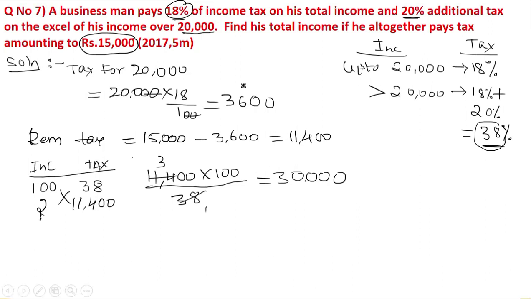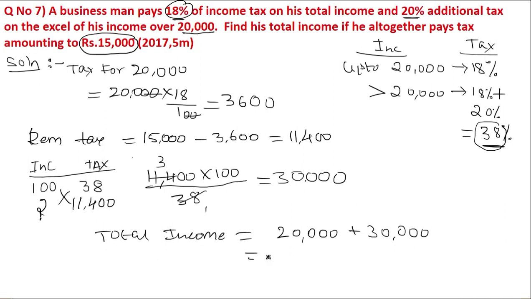Above this 20,000. So what is the total income? Total income is equal to 20,000, which we calculated initially, plus 30,000.